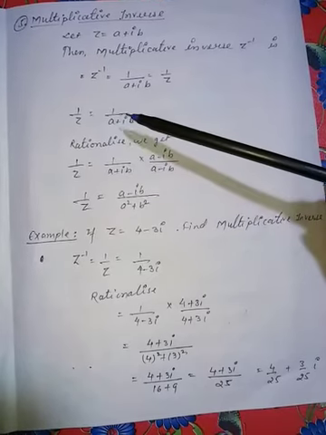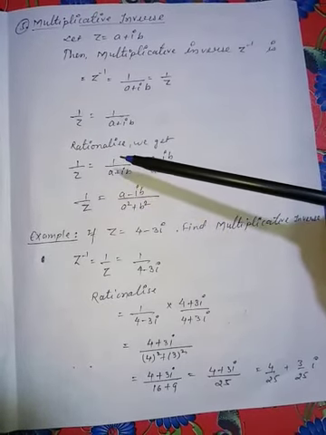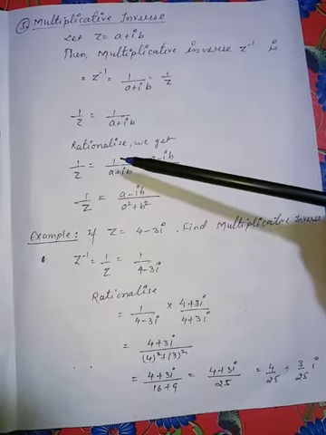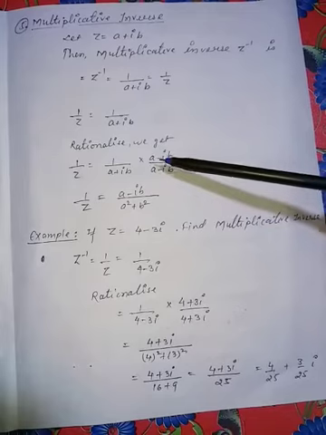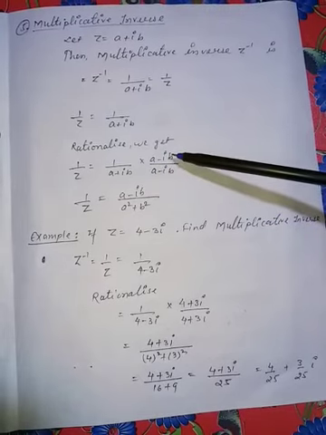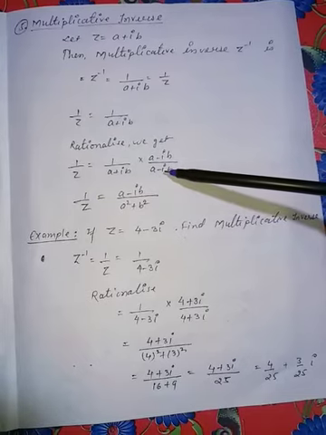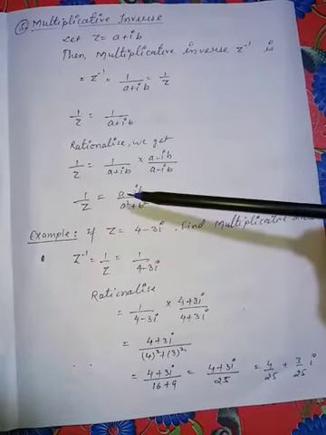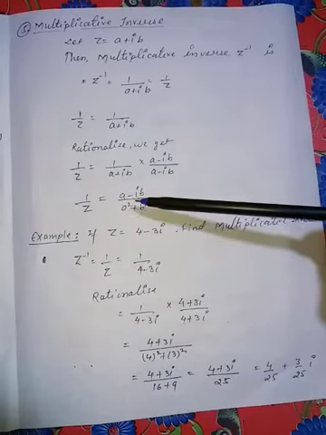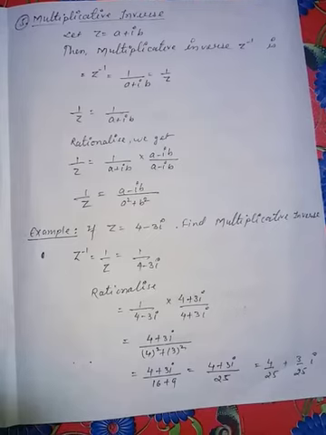Rationalize, we get 1 by z equal to 1 by a plus ib into a minus ib divided by a minus ib. We get 1 by z equal to a minus ib divided by a square plus b square.